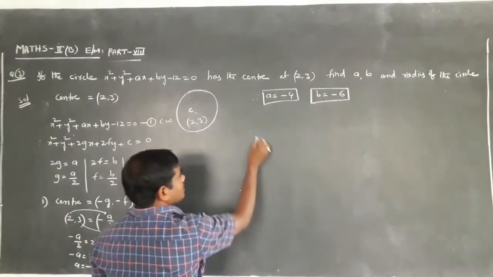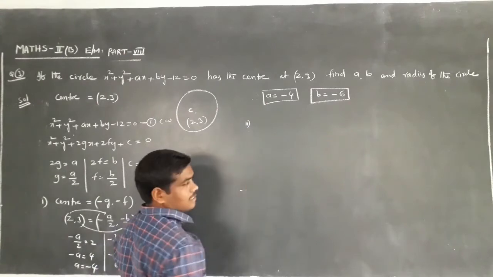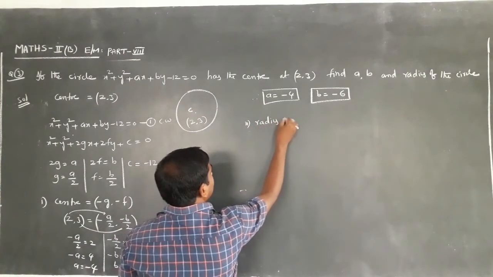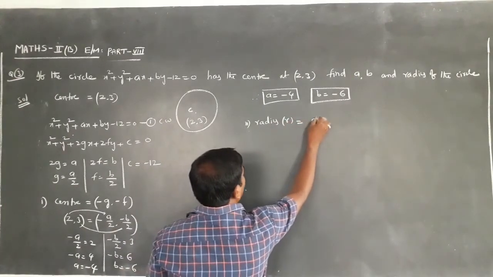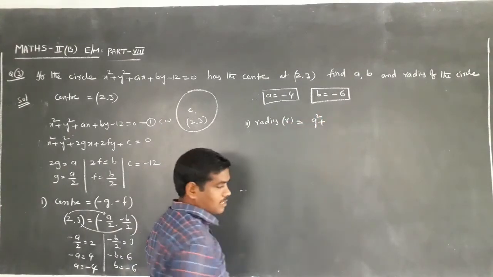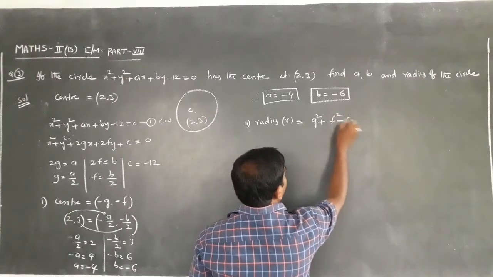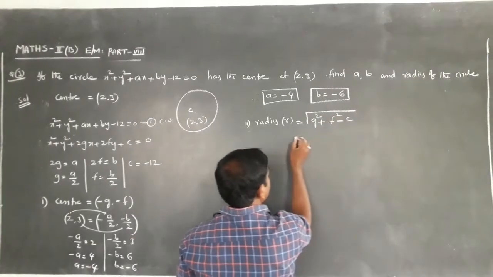Now the second value, the radius of the circle. The radius of the circle is equal to under root of g square plus f square minus c.